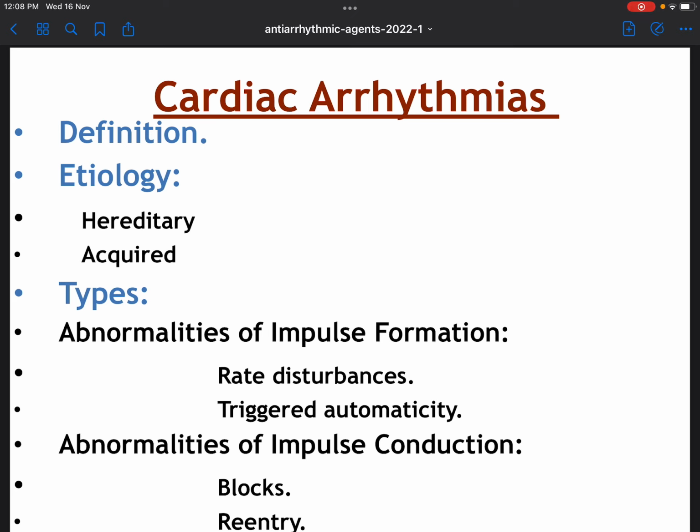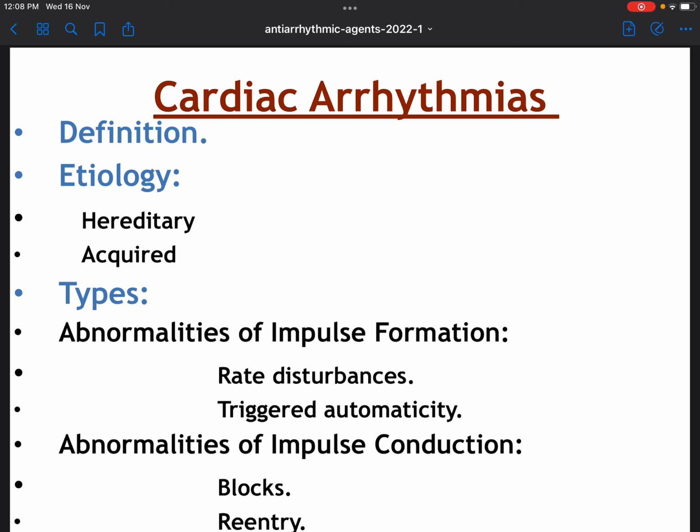So if we have anything that's not within this range, it's going to be abnormal, right? So what is abnormal with regards to 60 to 100? Below 60, what do we call that? Excellent. This is bradycardia. And above 100, tachycardia.